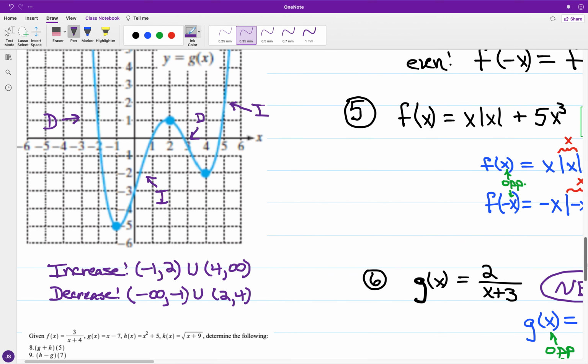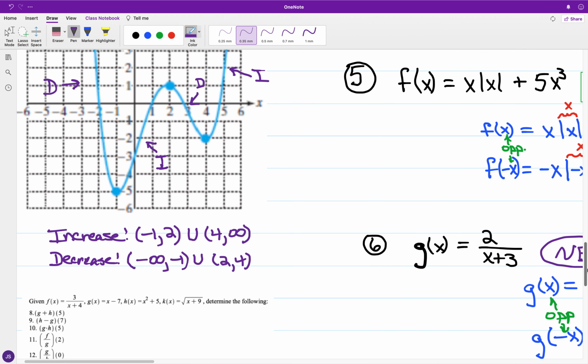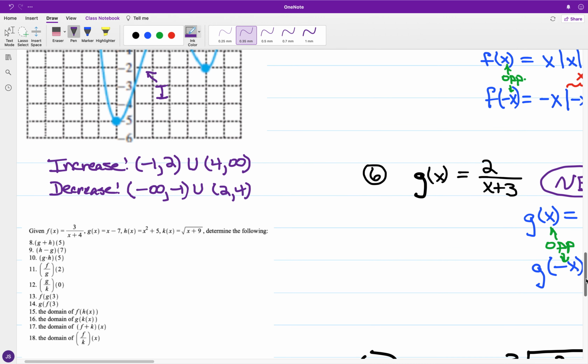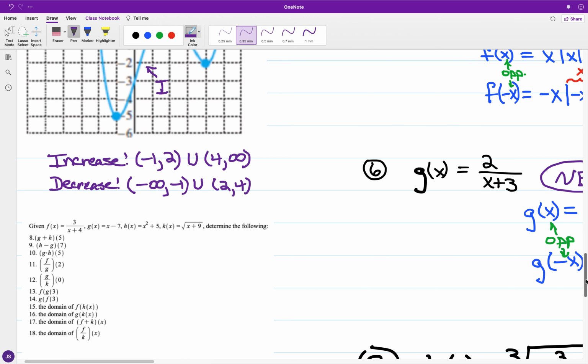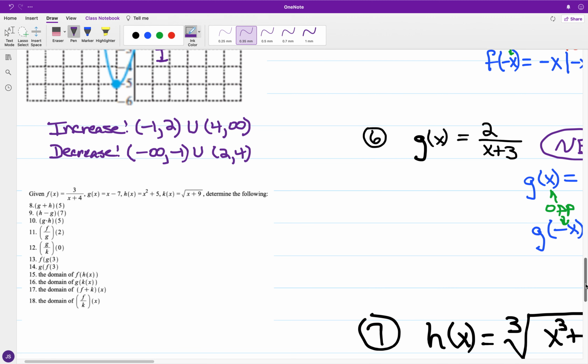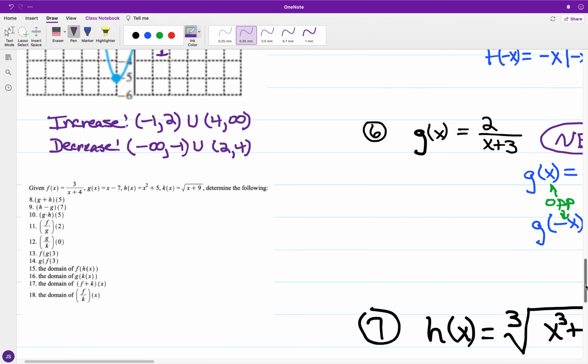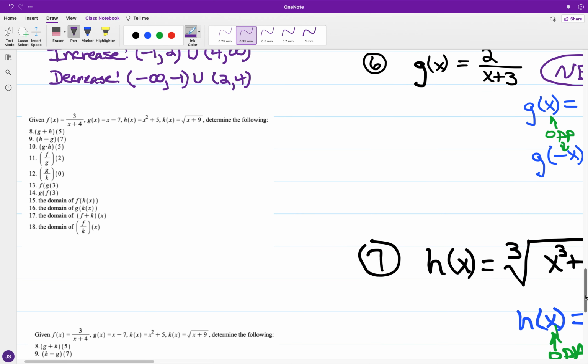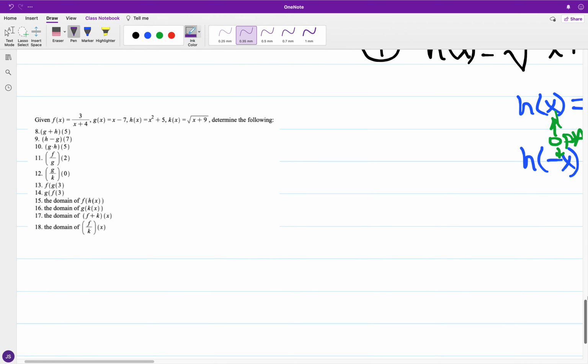All right, now looking at the set of items, where there are 4 given functions: f of x, g of x, h of x, and k of x. Now for number 8, we're looking at g plus h of 5.